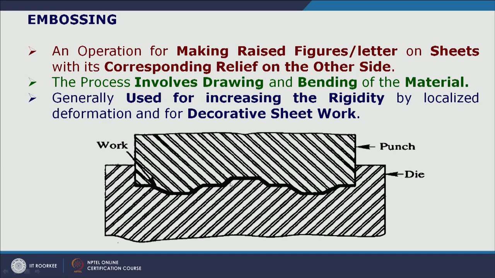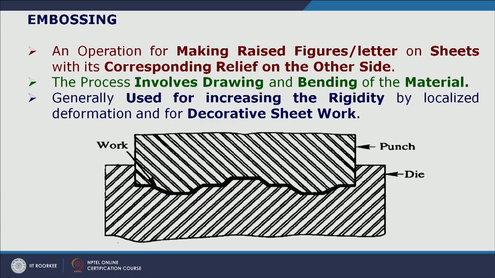So, if we see here, if there is a projection on this side, then there is a corresponding recession on the other side. This process involves the drawing as well as bending of the material, and is generally used for increasing the rigidity or for producing suitable features for decorative purposes.